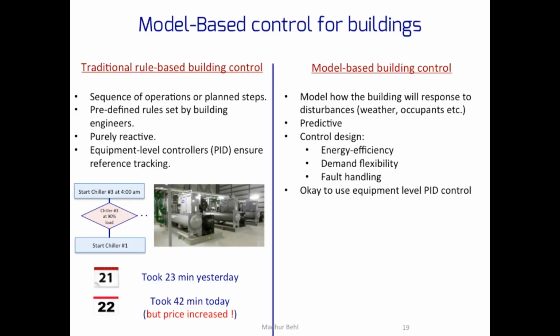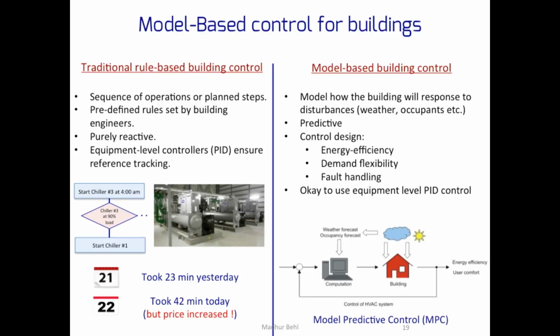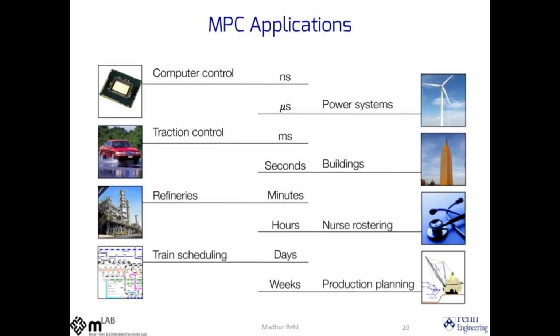And the most popular method of doing model-based control, which has been explored in this area, is what is called model predictive control, or MPC. And MPC really came out of the process industry in the 1980s. And since then, it has found its place in different application areas, including large amounts of efforts to apply it to buildings for the problems that I've described.